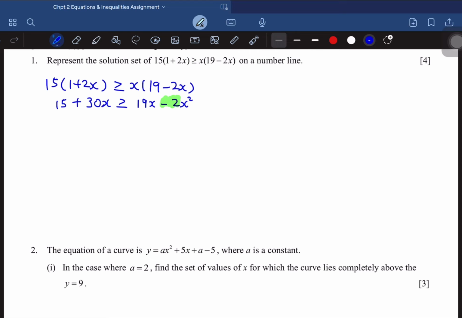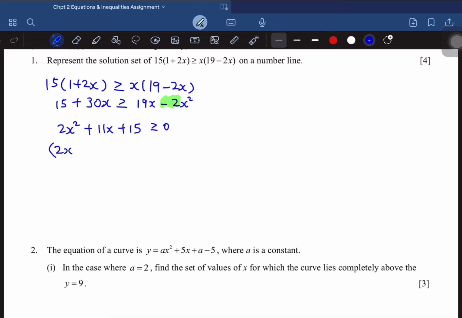Now I'll bring all the terms to the left hand side so that my negative 2x squared becomes positive 2x squared. So I'll have plus 11x plus 15. Okay, so we are supposed to factorize this like I mentioned just now.